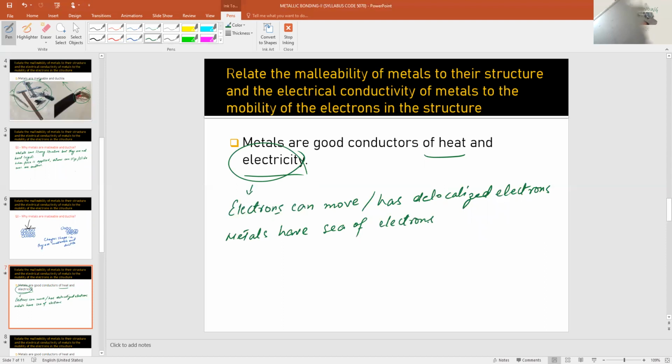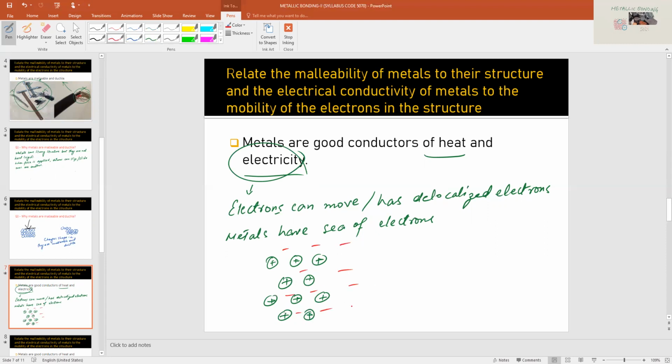Again, it can be illustrated through diagrams. These are metal atoms. We have lots of metal atoms, and they have free moving electrons.